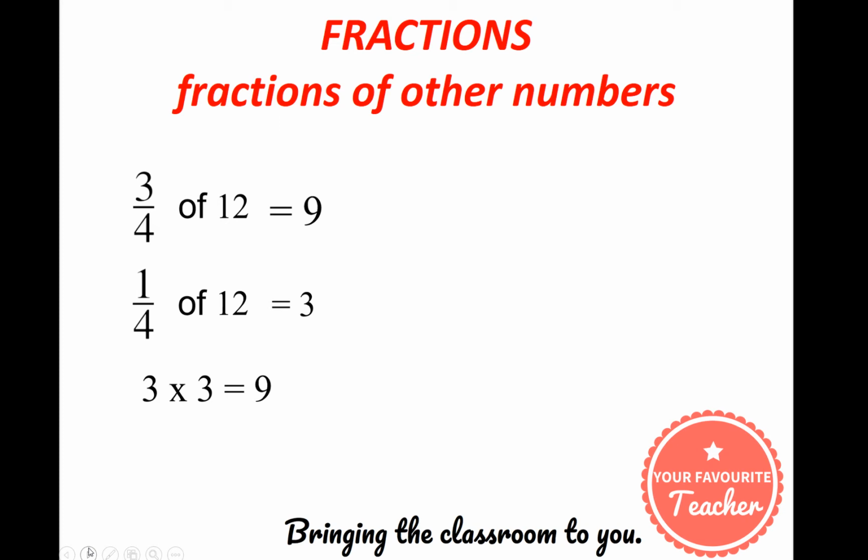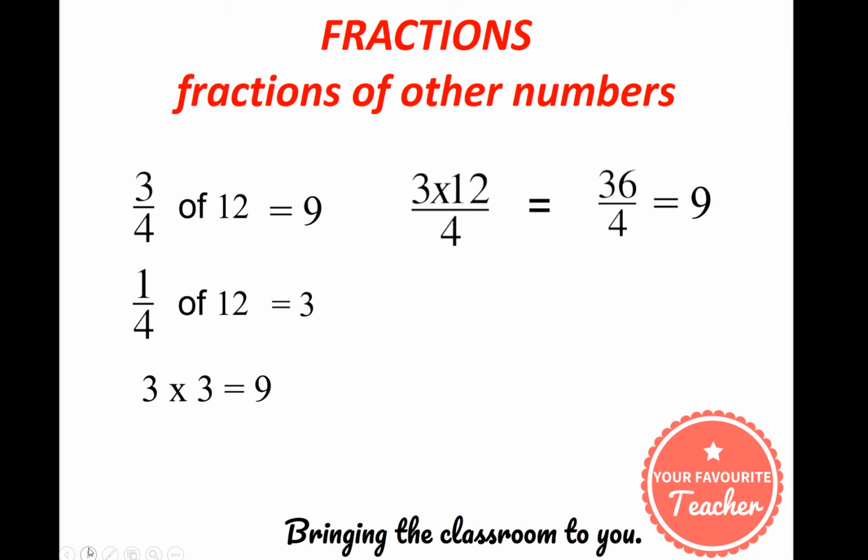I can do it in a slightly different way. I can say, let us multiply 12 by the numerator and then divide it by the denominator. In other words, 3 times 12 all divided by 4. 3 times 12 would be 36, divided by 4, and we get the answer is equal to 9.